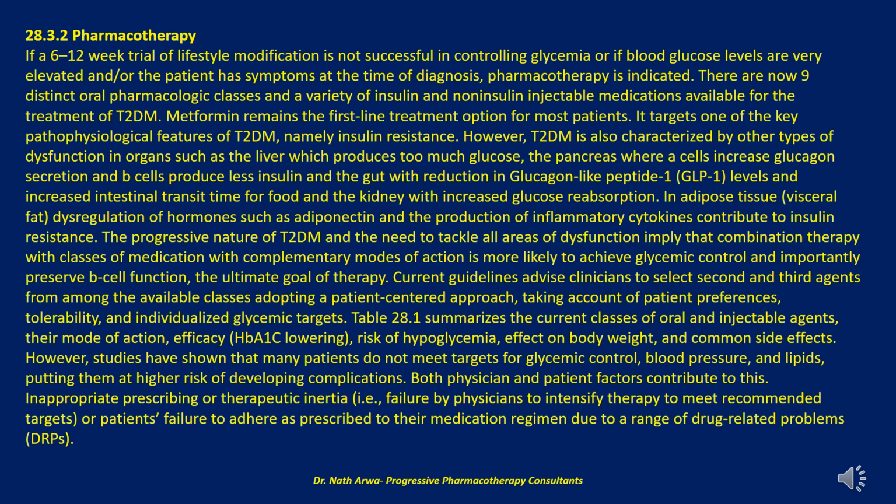resistance. The progressive nature of type 2 diabetes mellitus and the need to tackle all areas of dysfunction imply that combination therapy with classes of medication with complementary modes of action is more likely to achieve glycemic control and, importantly, preserve beta cell function, the ultimate goal of therapy.